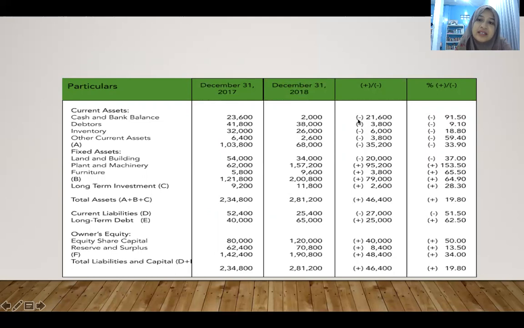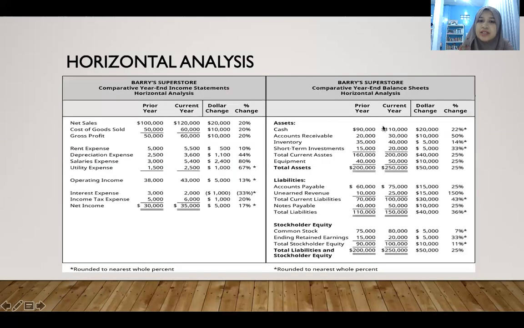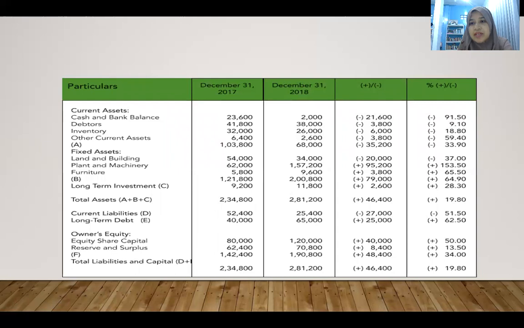So basically there is a decrease of 21,600, and we can calculate the percentage decrease or increase in this particular item, the same as we calculated just now, the dollar change and percentage change, but here we indicate whether it has decreased or increased.